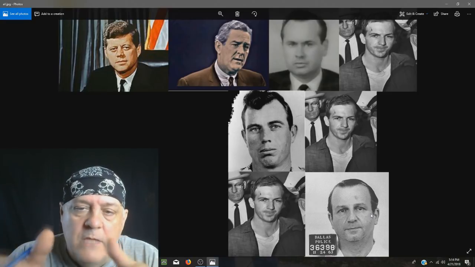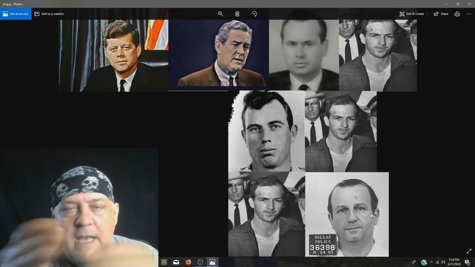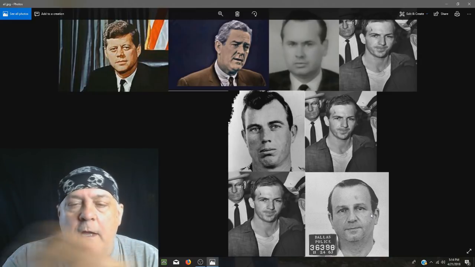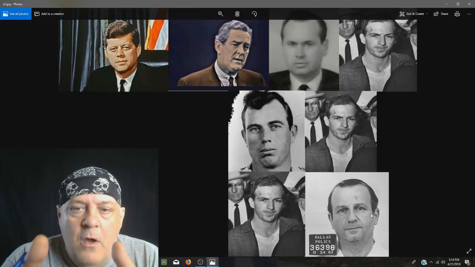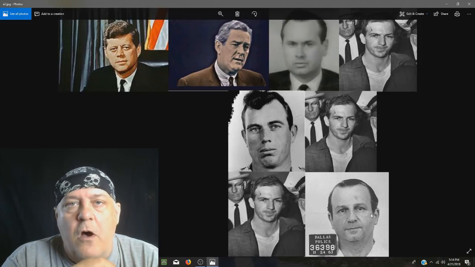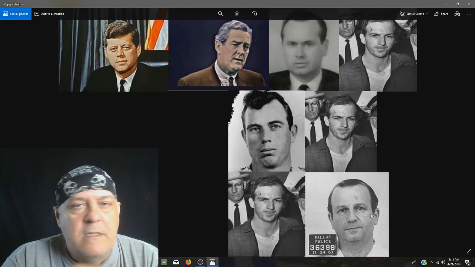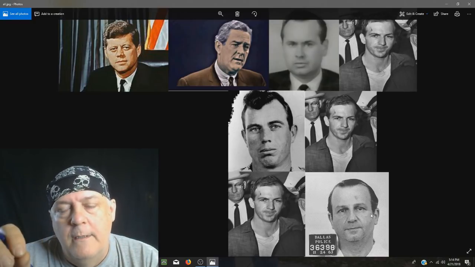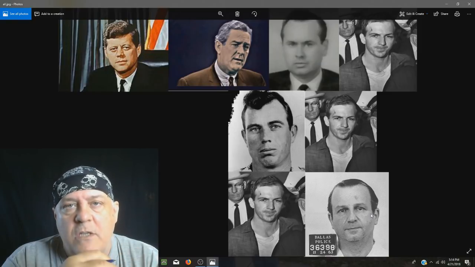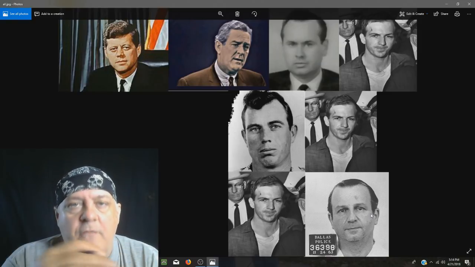Remember, when Oswald was first picked up, he wasn't charged with the assassination of JFK because that was a different murder case, and different people were working on it. The people working on Officer Tippit's case charged him with that murder on November 22nd, 1963. It wasn't until November 23rd that charges were brought against Oswald for the assassination of JFK, because it was a different case.